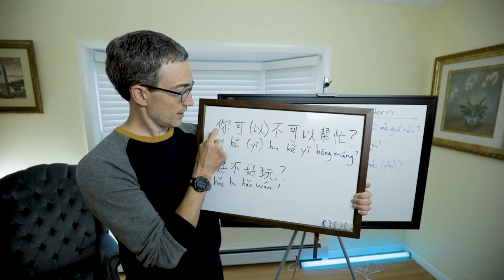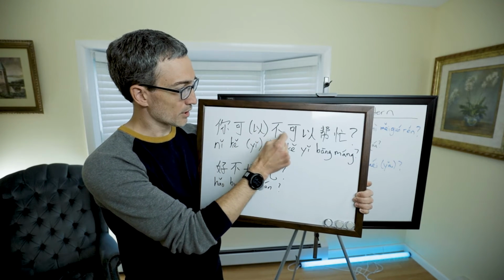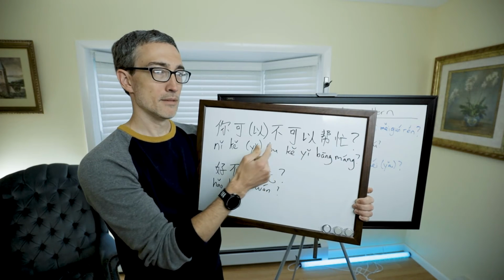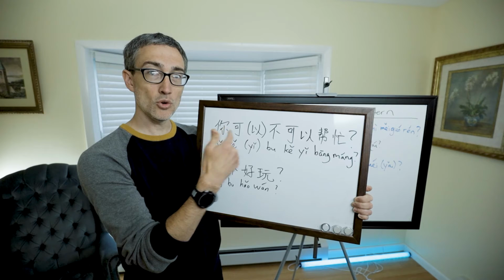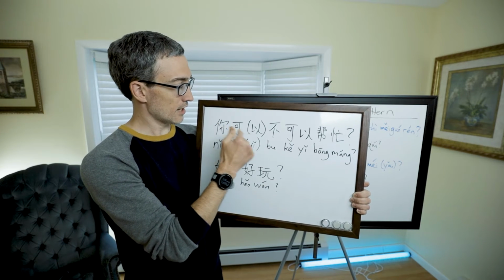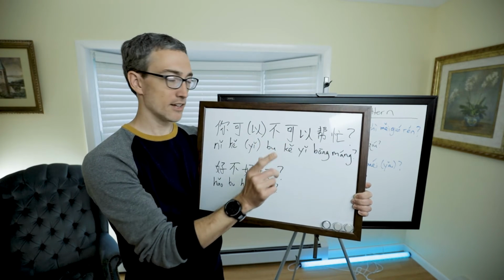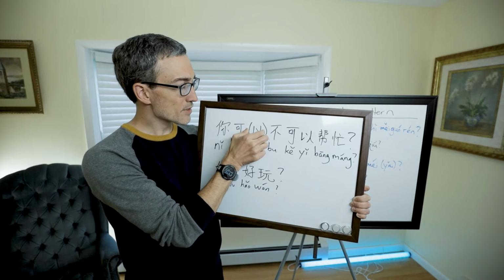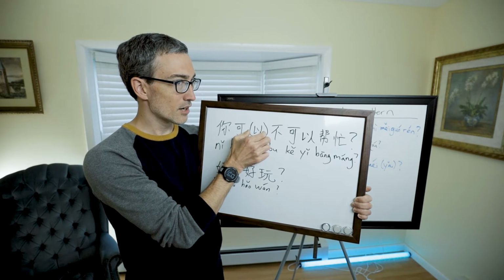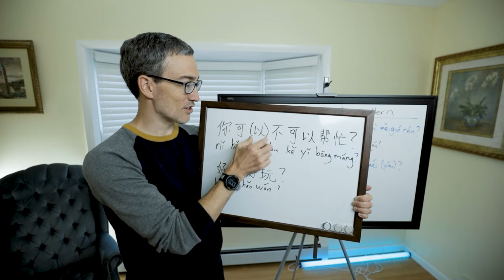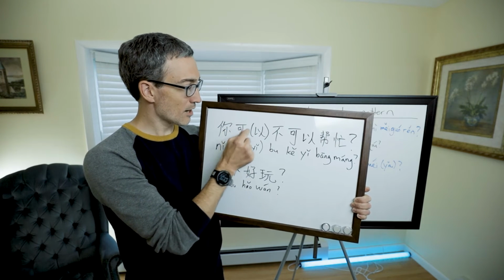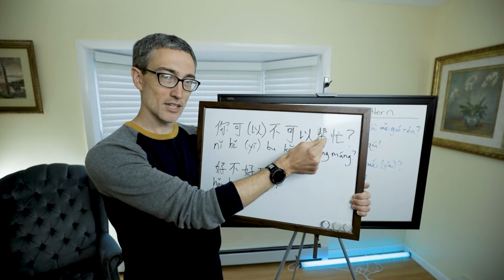Like for example, 你可以不可以帮忙? 帮忙 means to help out or to do a favor. So I'm saying, can you help? 你可以不可以帮忙? That's fine. Or you can drop the second character of the first one, so it's 你可不可以帮忙? You see what I did there?